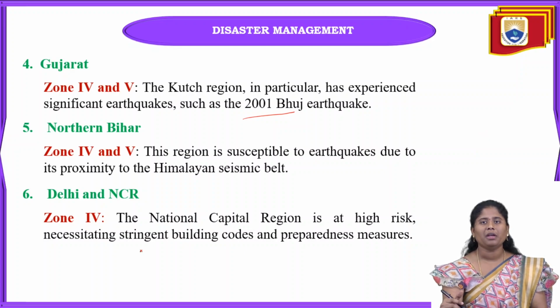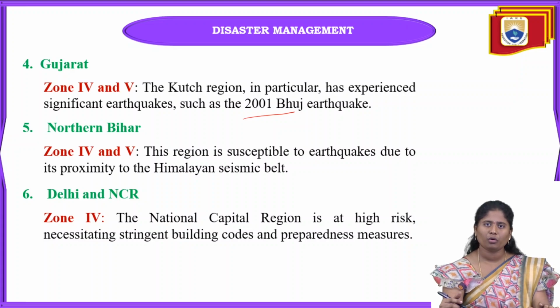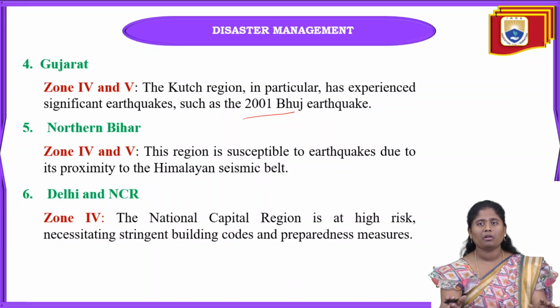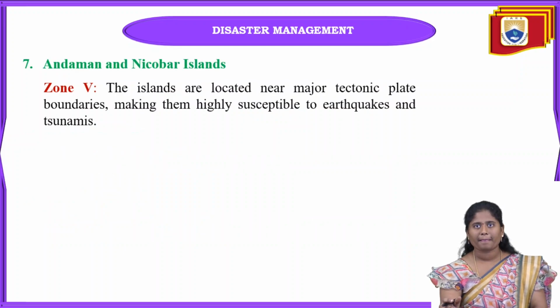NCR is nothing but National Capital Region. Means this National Capital Region comes under zone 4. Of course, it is a high risk only. So in that area they prepare with respect to building codes, and they can also take measures when an earthquake occurs.